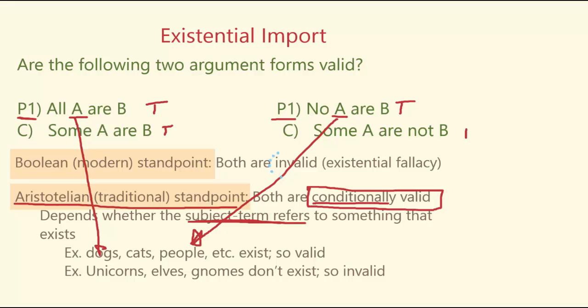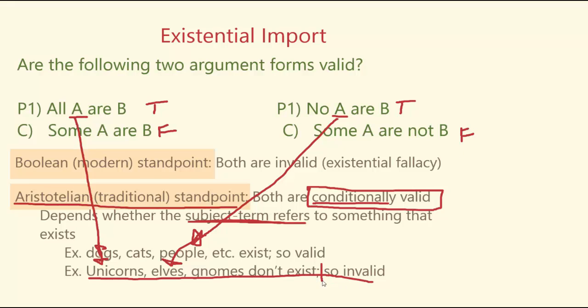But if that condition is not met, because the things that we are referring to do not exist, so rather it refers to these unicorns or elves or gnomes or whatnot, then these will turn out to be true for the same reason that we were given for the Boolean or modern standpoint, but the conclusion will end up being false.